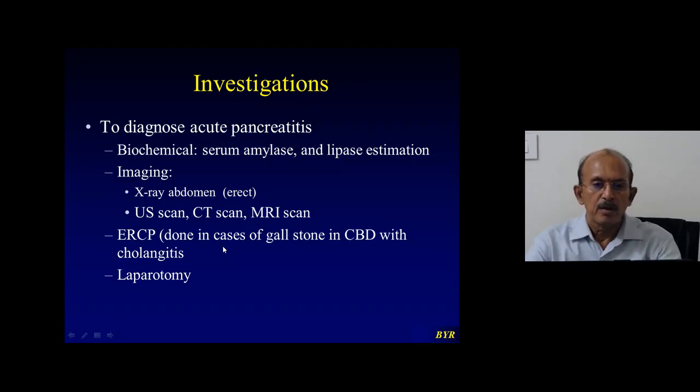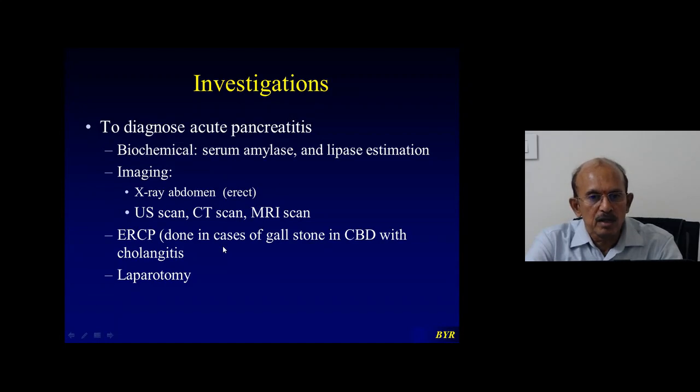The thing is, if there is midgut ischemia, that means if the superior mesenteric artery is occluded, arterial occlusion to the gut, then there will be ischemia of the complete midgut. If you operate very early, you can identify it.